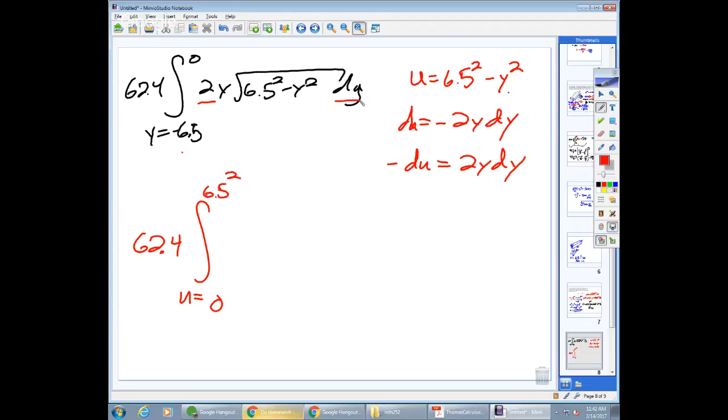This right here is the opposite of my du, so I'll throw a negative outside. And inside, I am just going to have the square root of u, du. That's u to the 1/2, right? We could rewrite it that way. It's a little messy still.